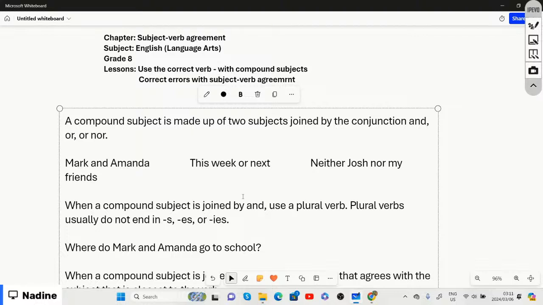All right. So when a compound subject is joined by and, we use a plural verb. And plural verbs usually do not end in s, es, or ies.